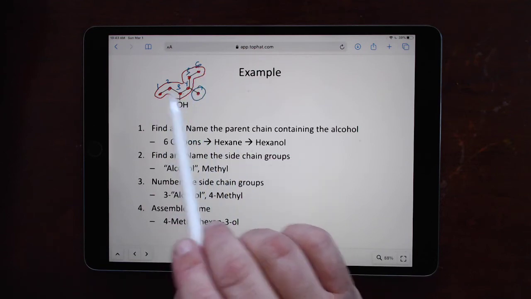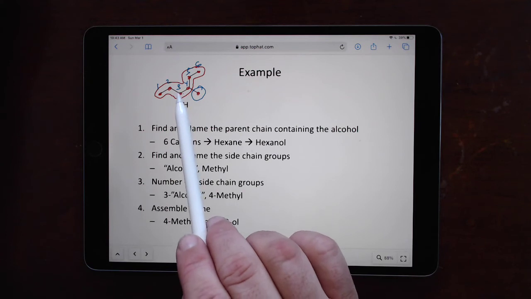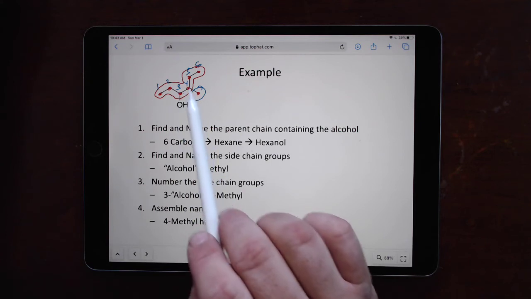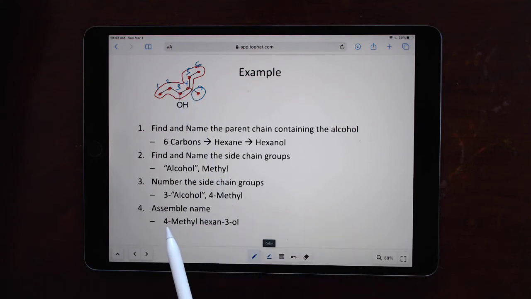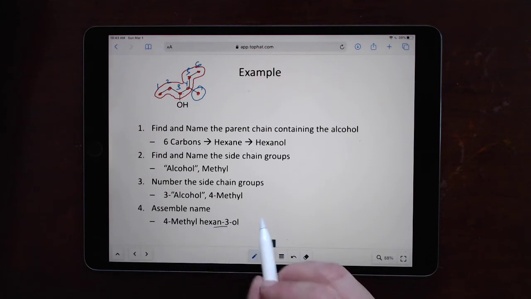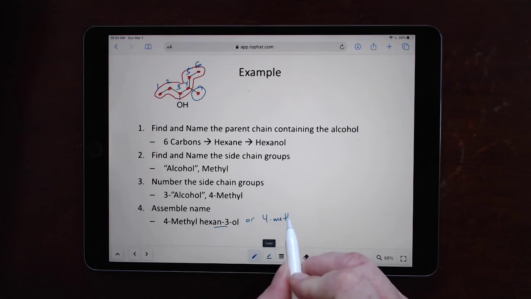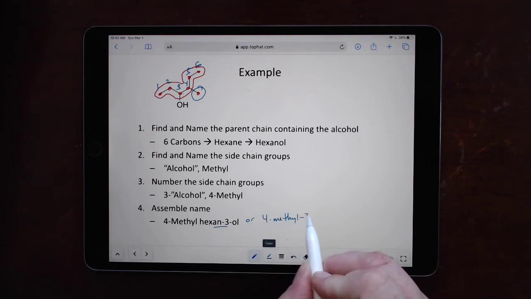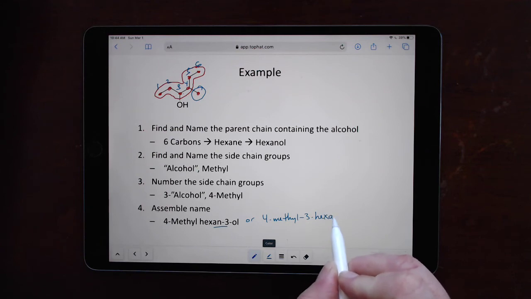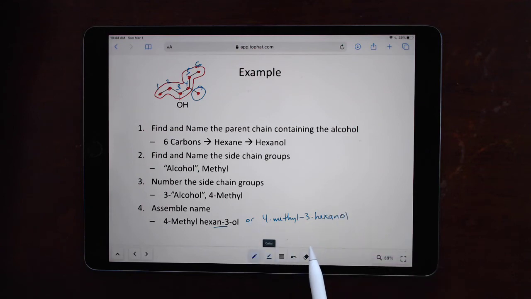So the alcohol would be hanging off of carbon 3, and the methyl would be hanging off of carbon 4. So to put this together, it would be 4-methyl-3-hexanol, or you could write it as 4-methylhexan-3-ol. You could do it either way. I don't mind.